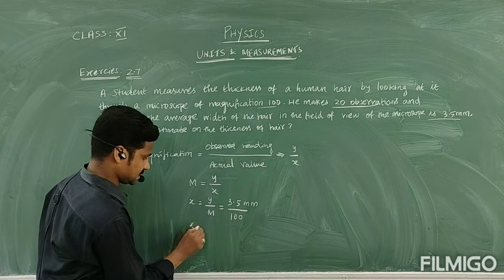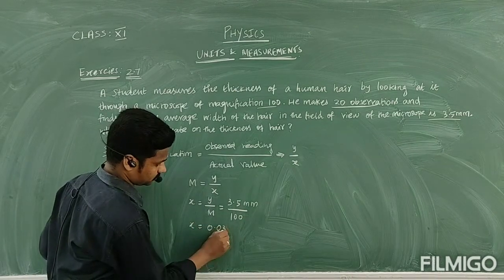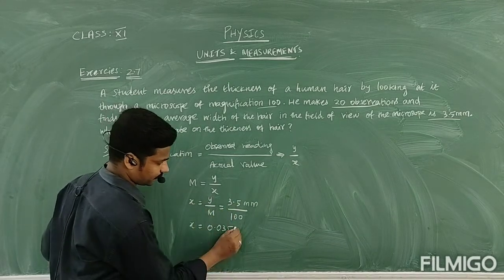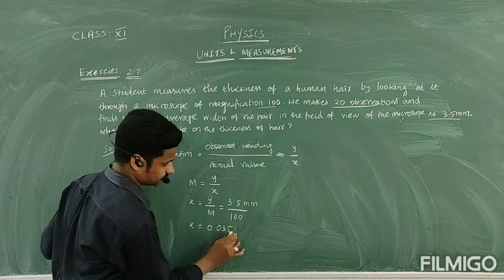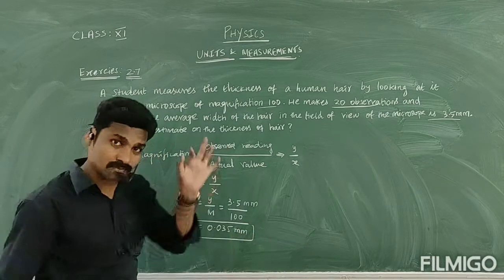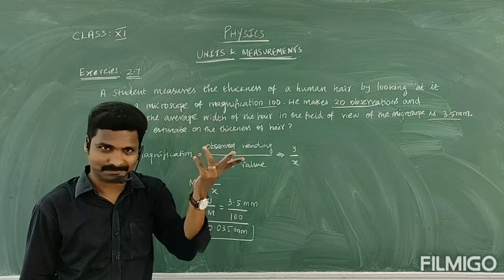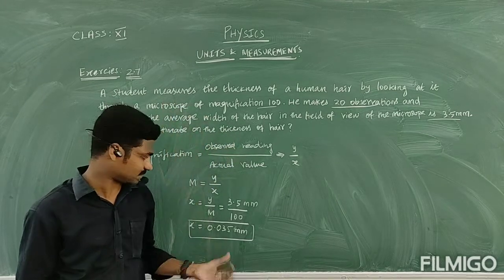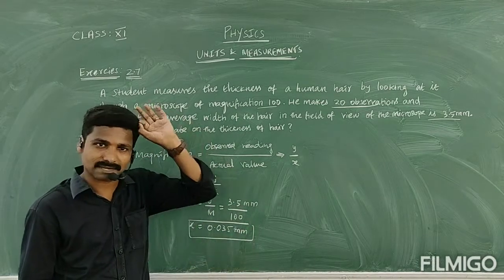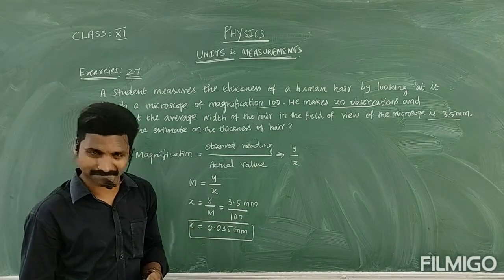So we get x equal to 0.035, two decimal places back, 0.035 millimeter. This is the actual thickness of the hair, that means the diameter of the hair, thickness of the hair is 0.035 millimeter. If it is magnified 100 times, that is 3.5 millimeter. Okay, thank you.